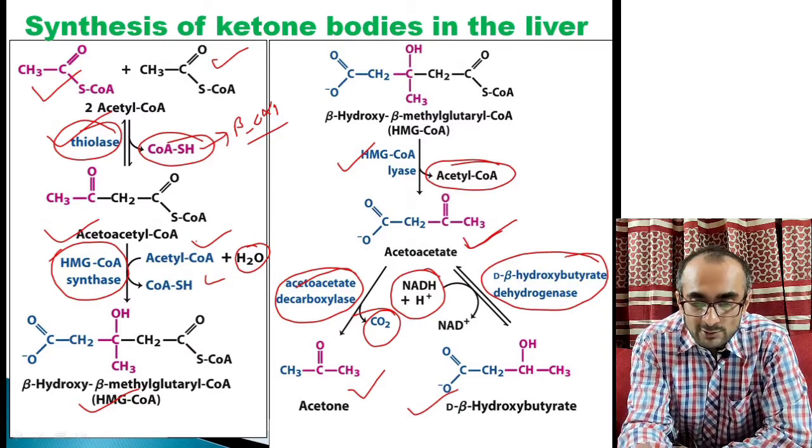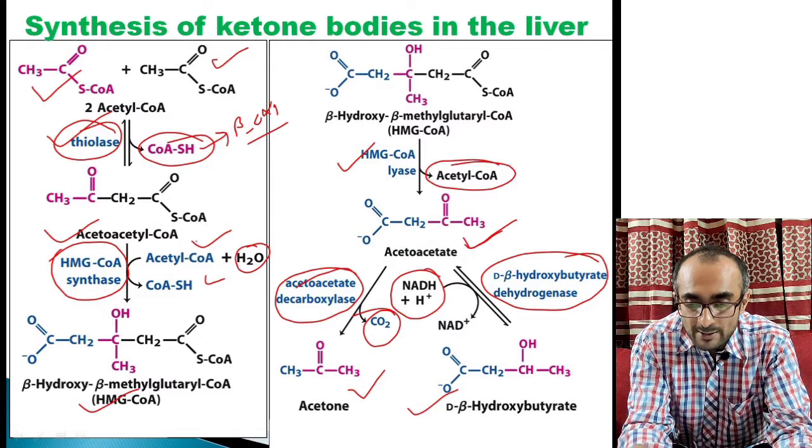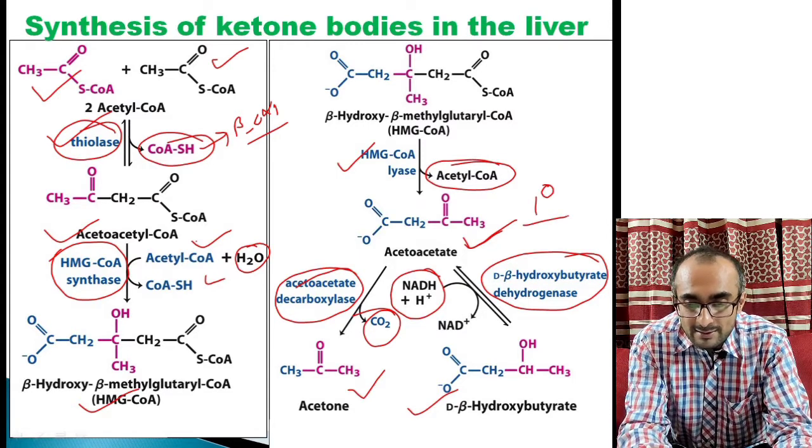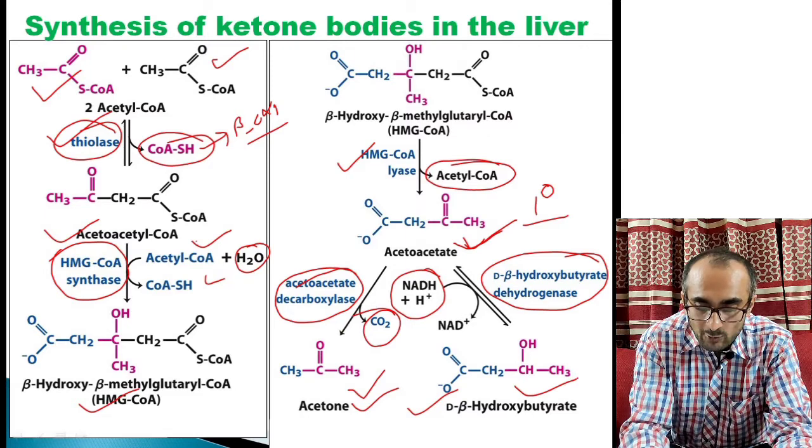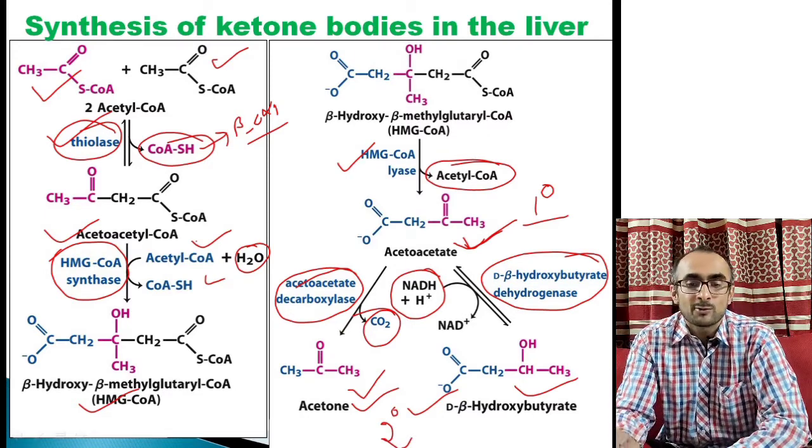So acetoacetate is called the primary ketone body because it is the parent compound for synthesis of acetone and beta-hydroxybutyrate, and that's why acetone and beta-hydroxybutyrate are also called secondary ketone bodies.